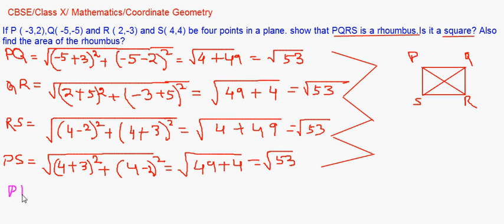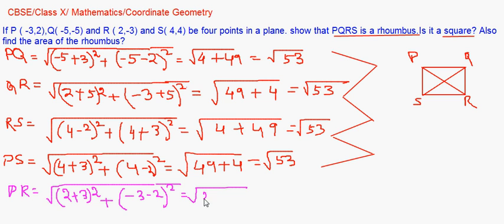So we'll take up PR using another color just for locating it quickly. PR, so it is 2 minus of minus 3, that's giving me 2 plus 3 whole square, plus minus 3 minus 2 whole square.